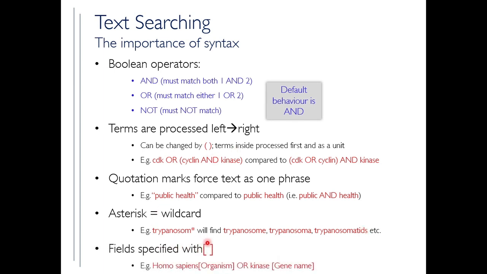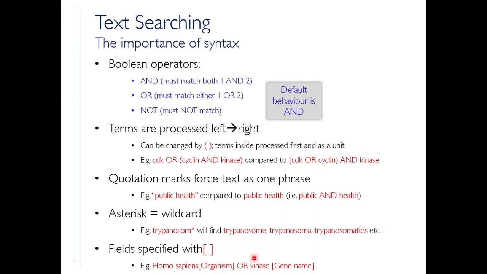Finally, you can narrow things down even more by specifying the fields within which to search for your particular query. So, for example, Homo sapiens or kinase, you can specify that you want Homo sapiens to be found within the organism field. Just because Homo sapiens is mentioned in the title, for example, that won't return the search, because it will only search for it within the organism field.